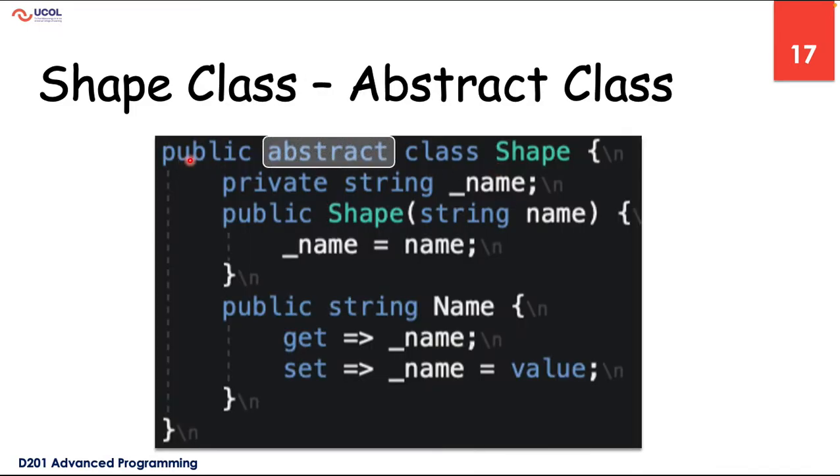So we have public, and then we put the abstract. So we are telling that this particular shape class is abstract, and if you look at the details, we have a string name, and then we have a constructor of this class, which is taking a string value as input and assigning it to the name property, and then we have set and get methods, and there is nothing else here.